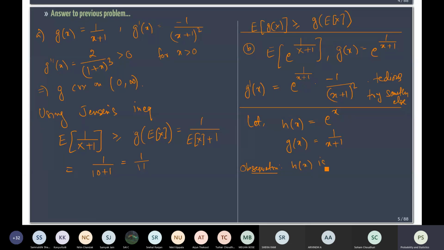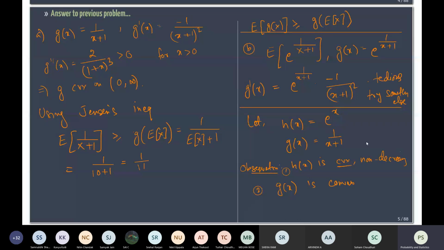In this case, it's increasing. And the second observation is that g of x is convex, that we have found before also, right? So g of x is convex, and h of x is like this.